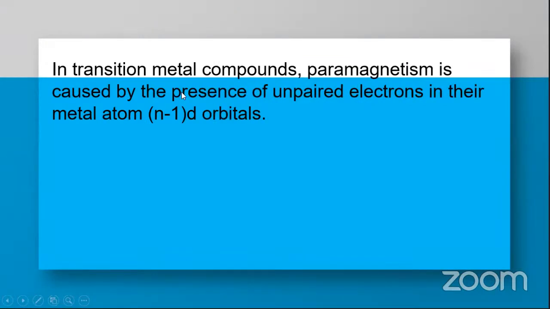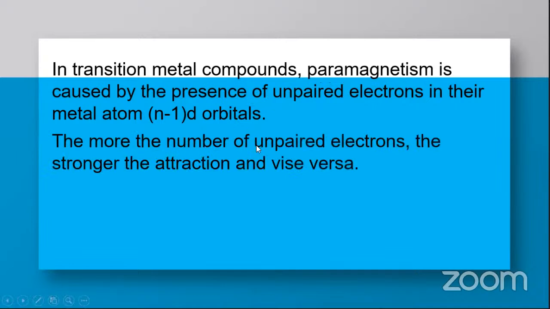In transition metal compounds, paramagnetism is caused by the presence of unpaired electrons in the metal atom, and we are considering the d, not the s, but the d. The greater the number of unpaired electrons, the stronger the attraction, and vice versa.